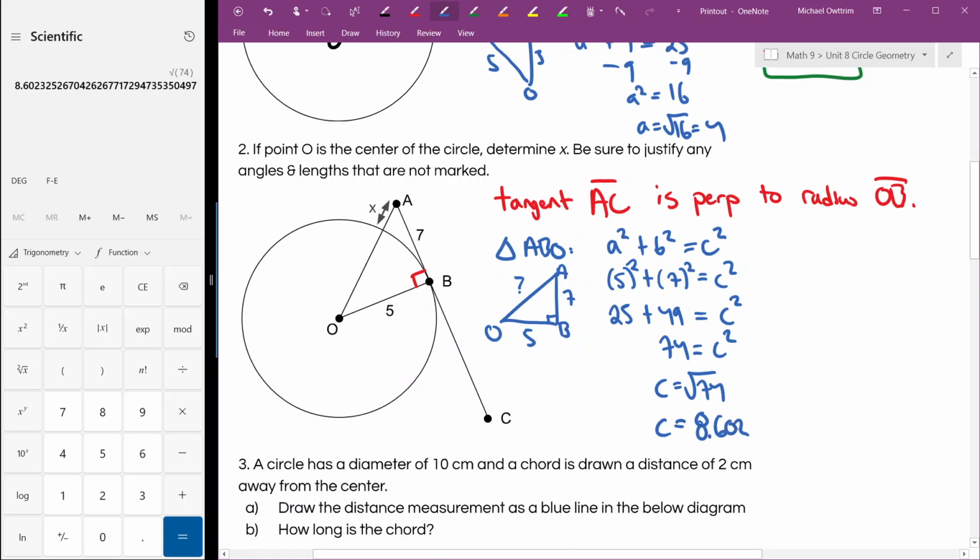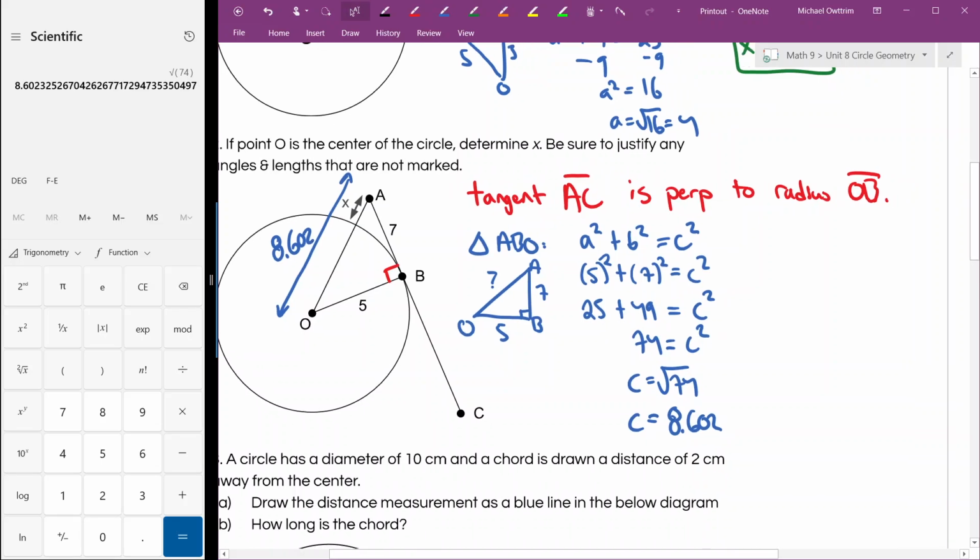Okay, now that's the length all the way along A to O. So that's our length, that's 8.602 that we just figured out. Now for our x, let's mark this point here as point M. And I'm going to use green for that.